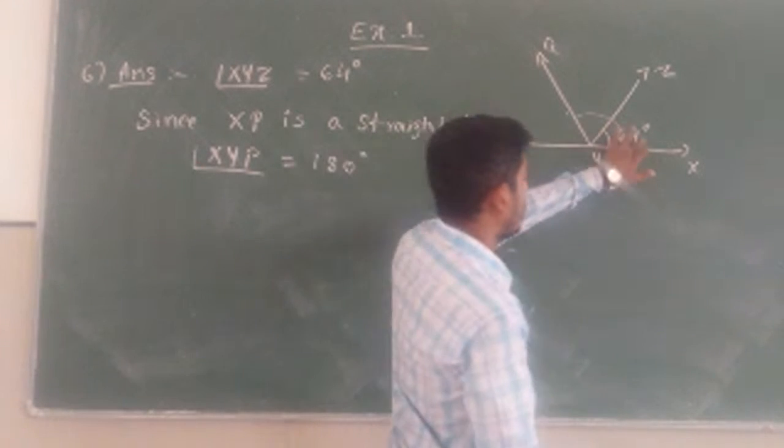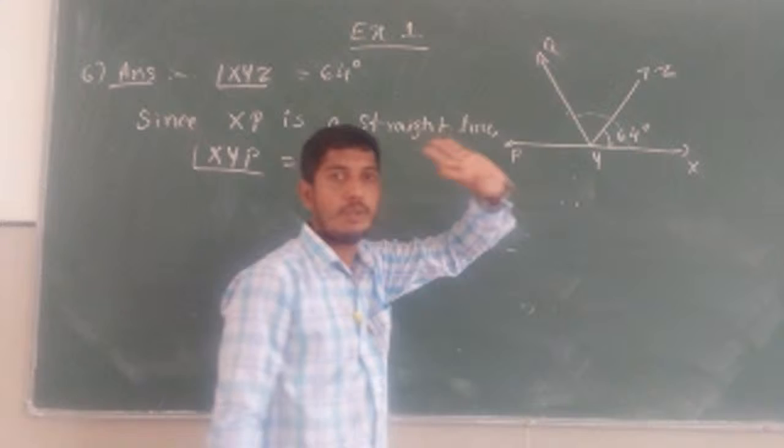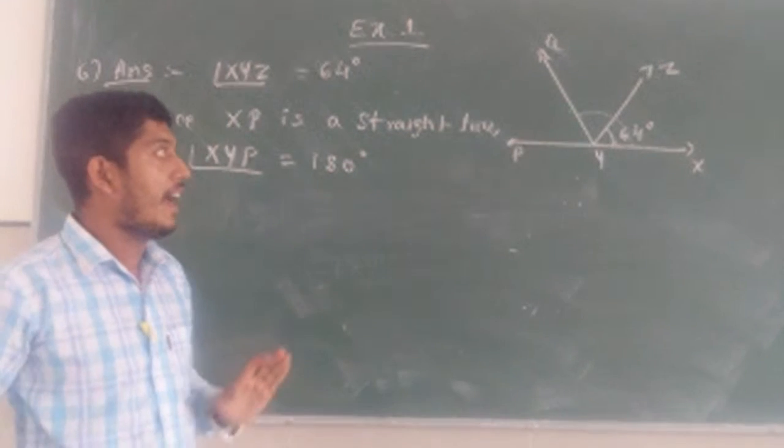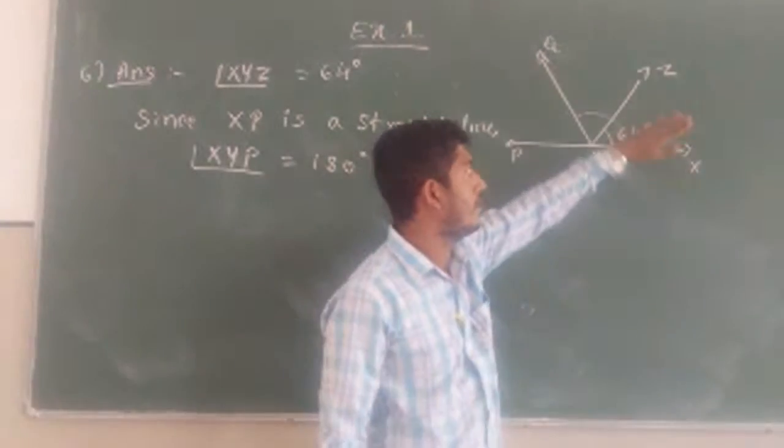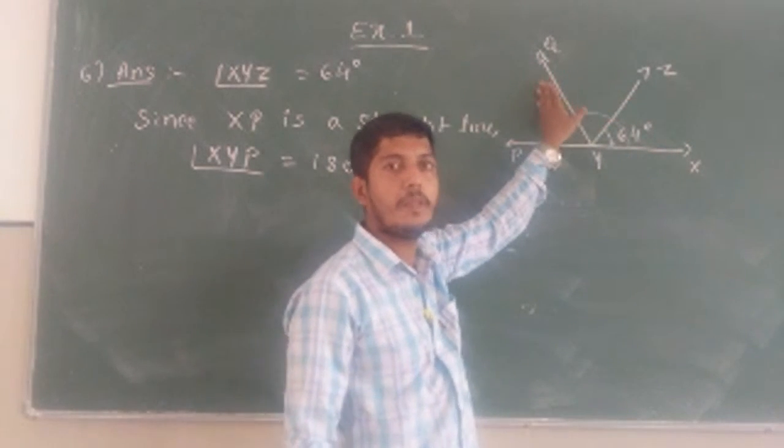So total angle XYP equals how much? 180. This total 180 degrees is divided into three parts. This is the first part, this is the second part, this is the third part.